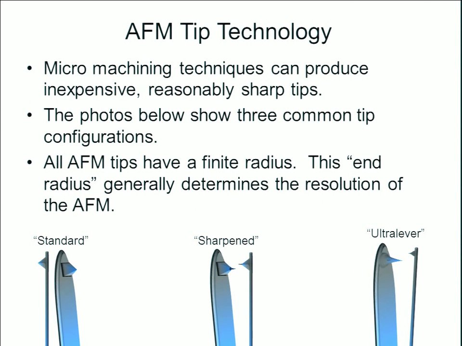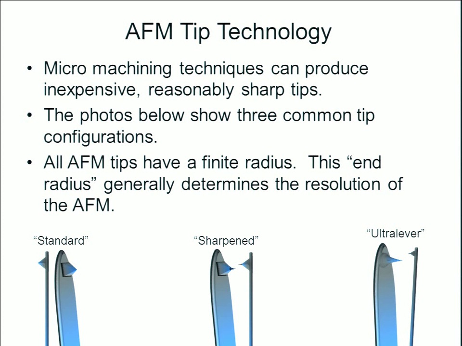There are different types of AFM tips. There are different micromachining techniques used to produce some inexpensive and reasonably sharp tips. Below we see 3 common tip configurations. We see standard on the left, which is kind of pyramidal. Sharpen is another example. And then an ultra lever on the far right, which might be a wet etch technique.